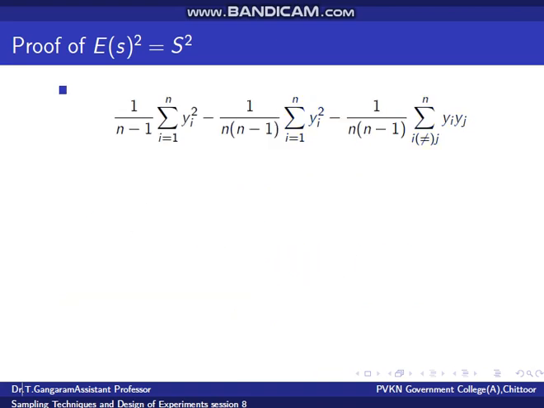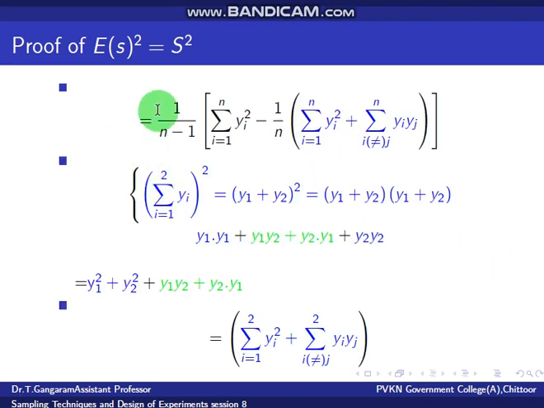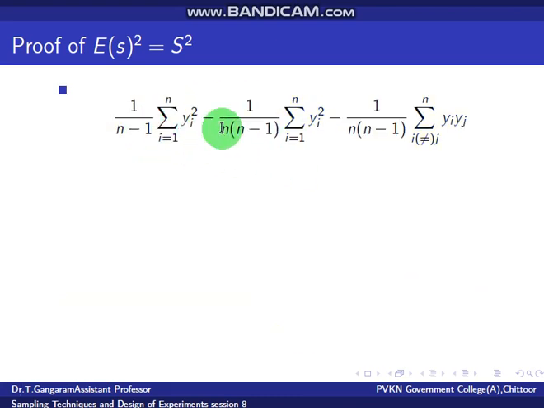By taking 1 by n minus 1 inside, we get 1 by n minus 1 summation i is equal to 1 to n yi square minus 1 by n into n minus 1 summation i is equal to 1 to n yi square minus 1 by n into n minus 1 summation i not equal to j terms.